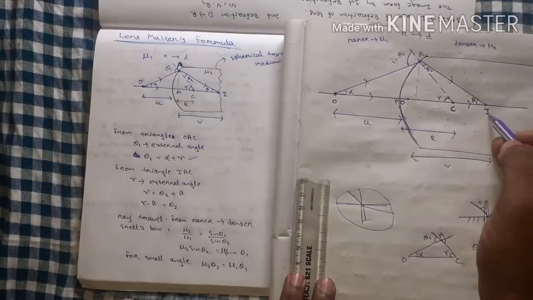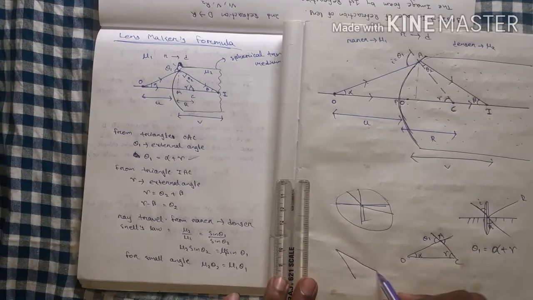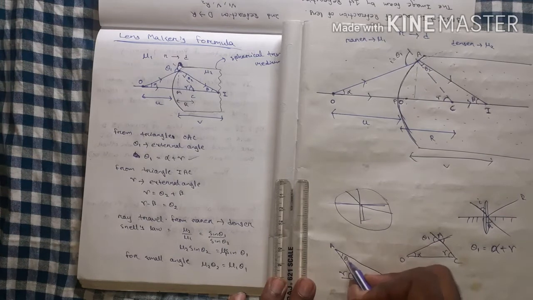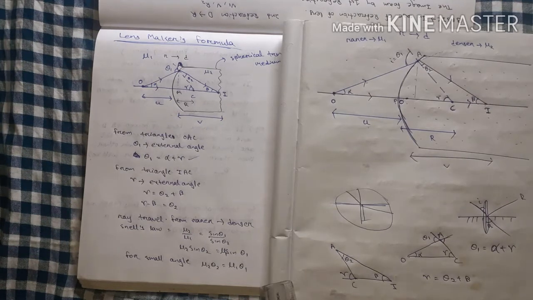In triangle IAC, let me draw the diagram for ease. The outer angle is gamma, and the inner angles are theta 2 and beta. By the same concept, the outer angle equals the sum of the inner angles, so gamma equals theta 2 plus beta.